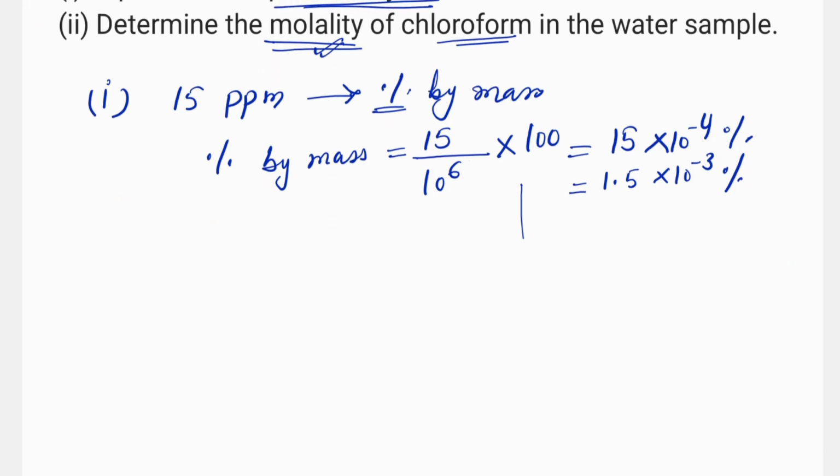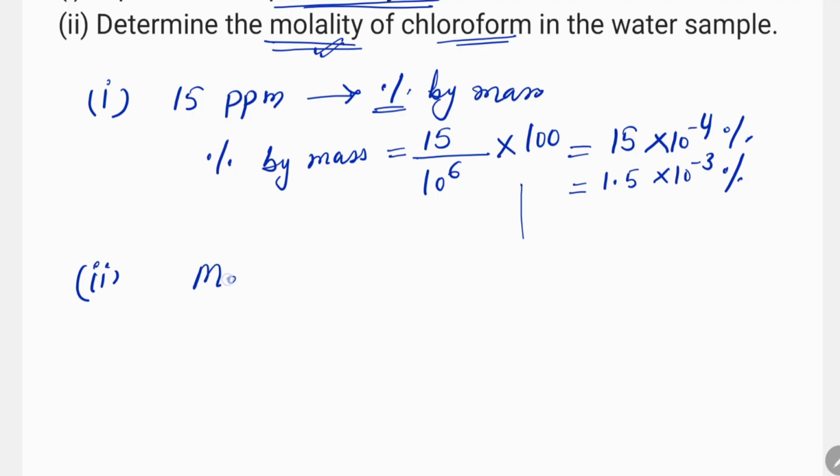Next is to determine the molality of the chloroform. What should we know? We should know the number of moles of chloroform, and to know that, we should know the molar mass of chloroform.